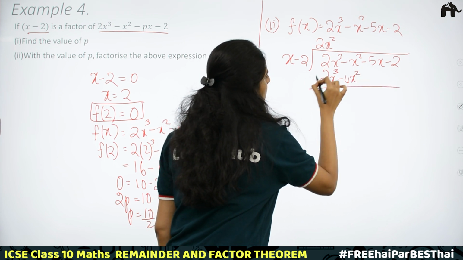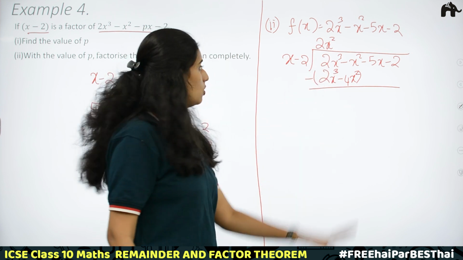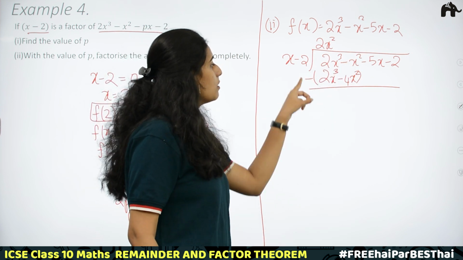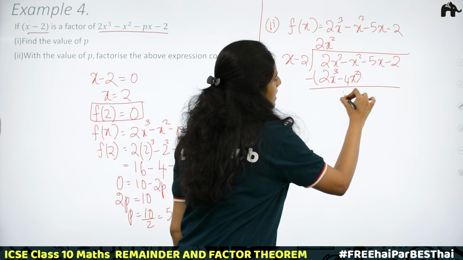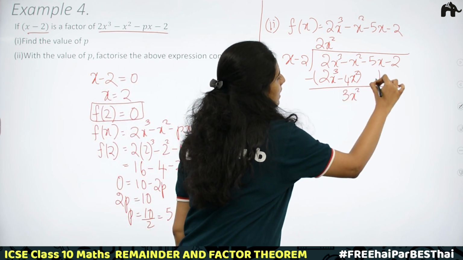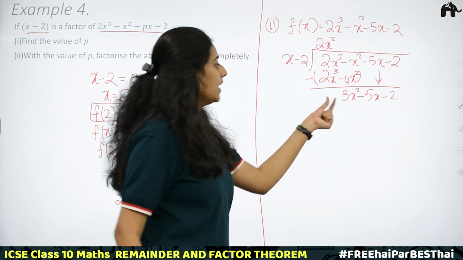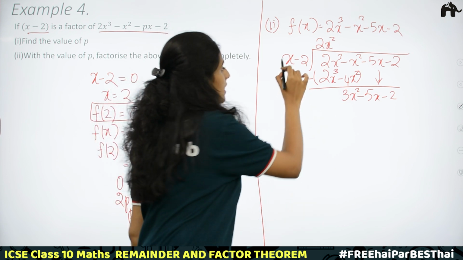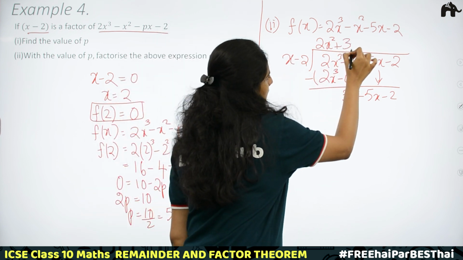Okay. On subtracting, what do we get? 2x cube minus 2x cube is 0. Minus x square minus of minus plus 4x square, that is 3x square. Taking this down, we have minus 5x minus 2. Now, to get 3x square, we have to multiply x and 3x plus 3x.